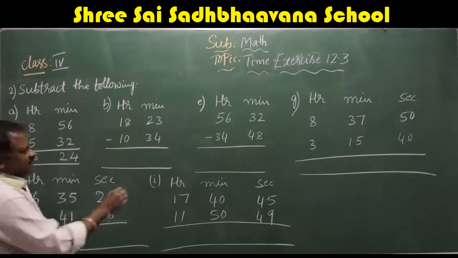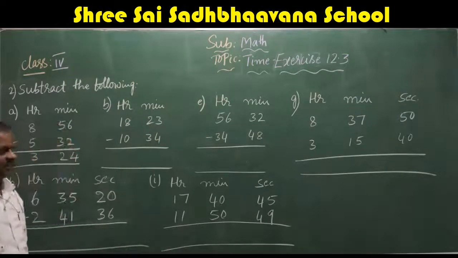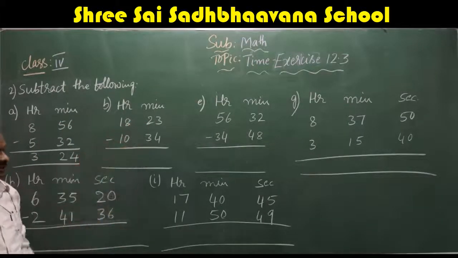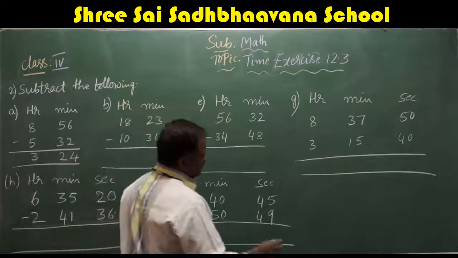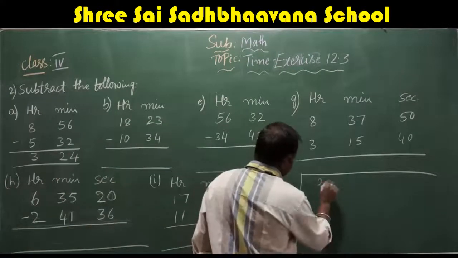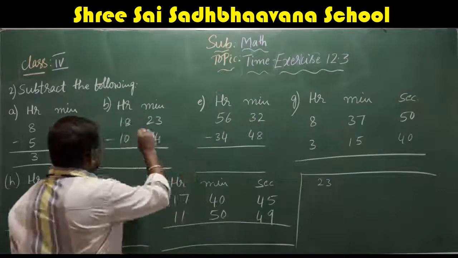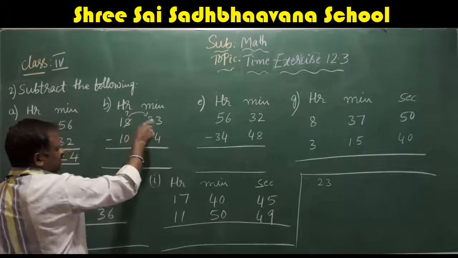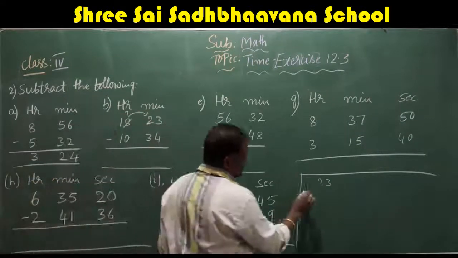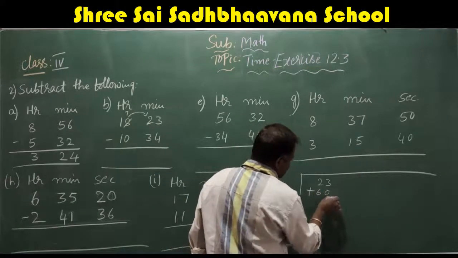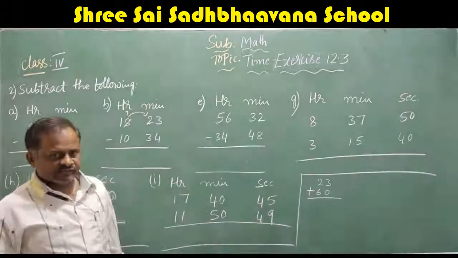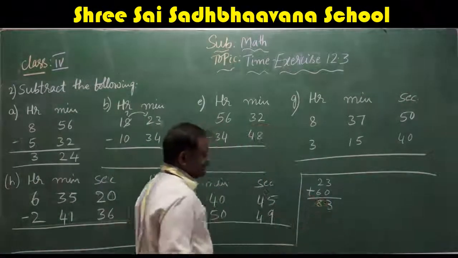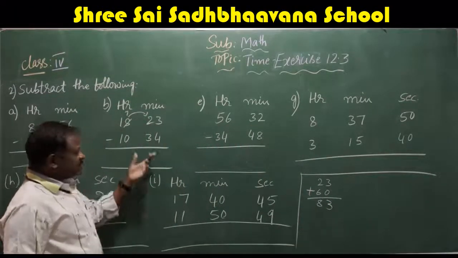Come to here. Here it is 23. It is not possible to subtract 34 from 23. Now what do I have to do? Take 1 hour carry here, so this becomes 7. This becomes plus 60 minutes, because 1 hour is equal to 60 minutes. 6 plus 2, 8, so 83 minutes it will become.